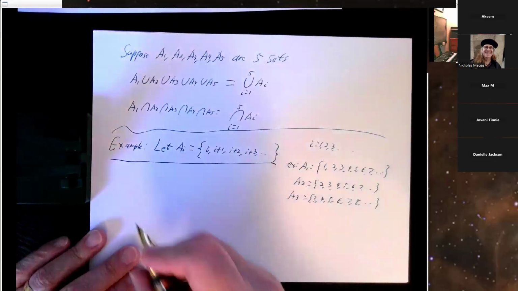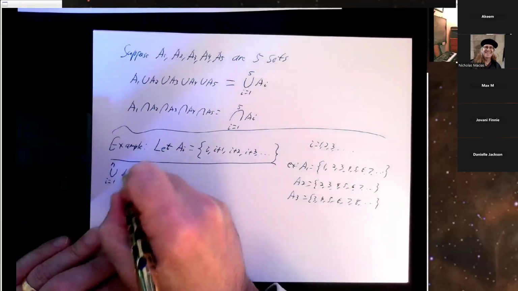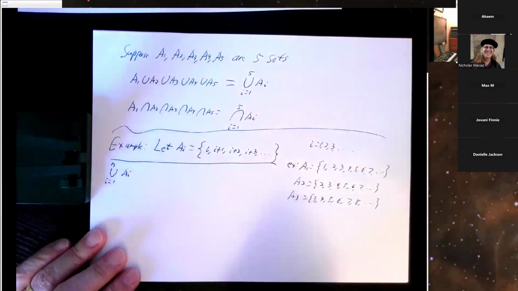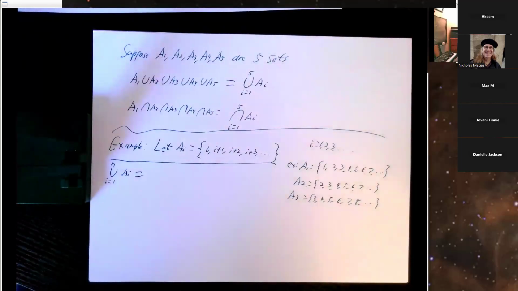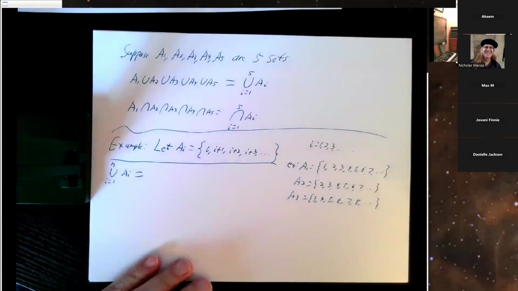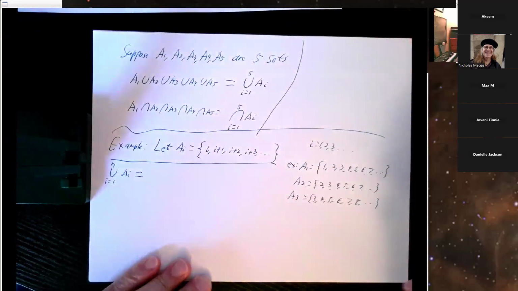So suppose I take the union from i equals 1 to n of A subscript i. What do I get when I take the union of the first n of these sets? And if you're not sure, break it down.